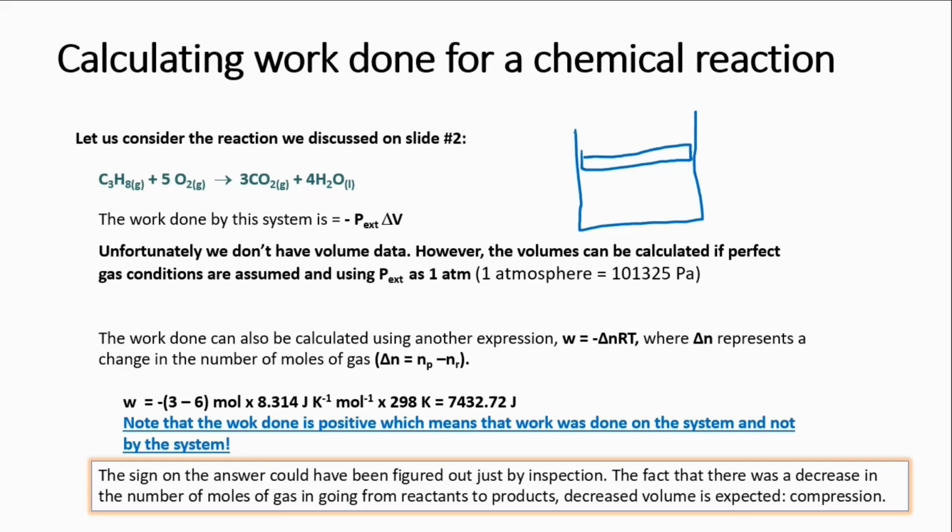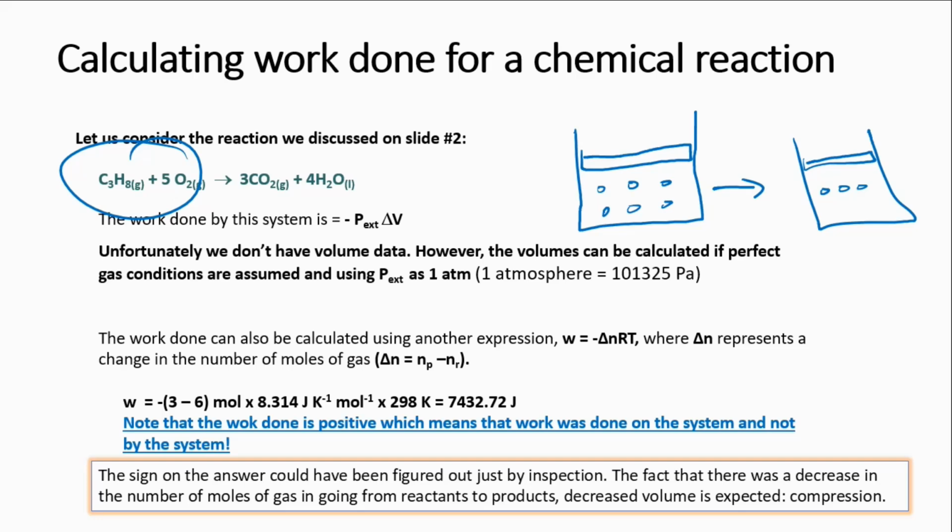We started out with 6 particles of gas. It's 6 moles, but I'm just calling it 6 particles of gas. At the end of the day, we ended up with how many particles of gas? Just 3. It's 3 moles, but I'm just calling them particles.